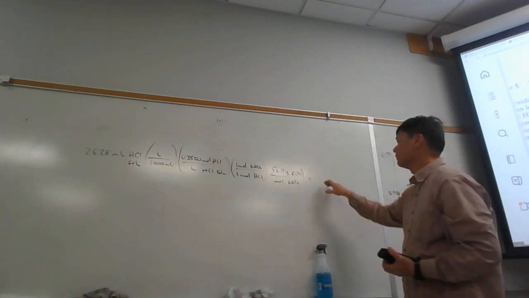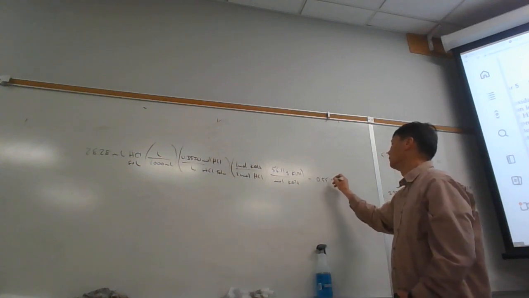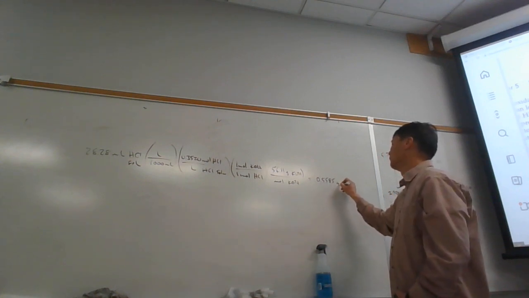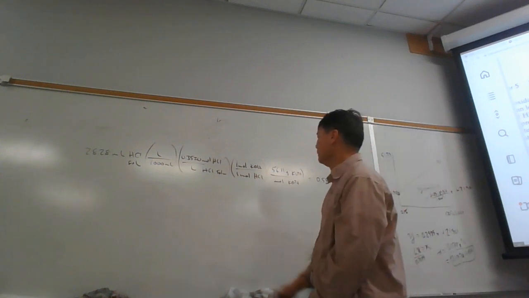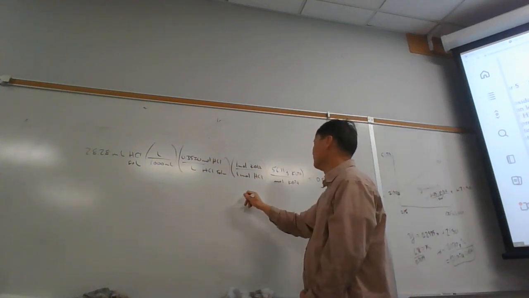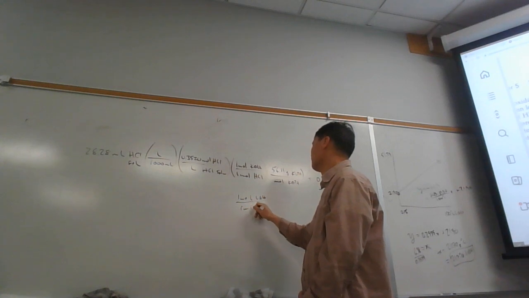Okay, so what did you get for this? 0.5585 grams. And then you just repeated this, except you used 1 mole of lithium hydroxide for 1 mole of HCl.